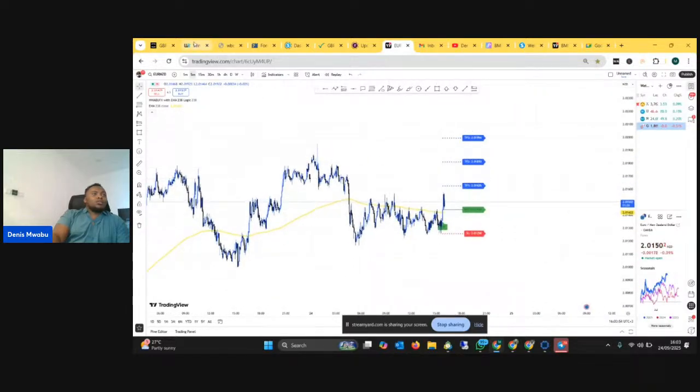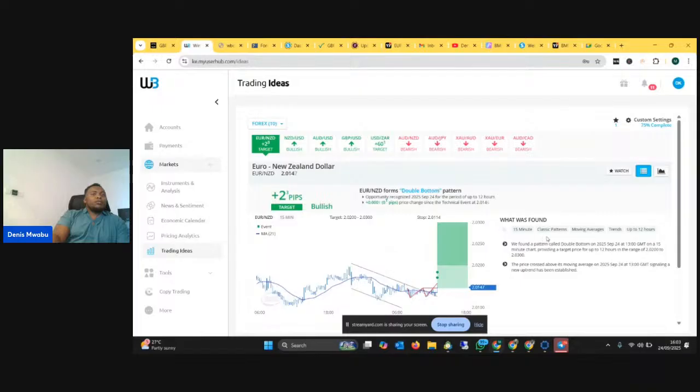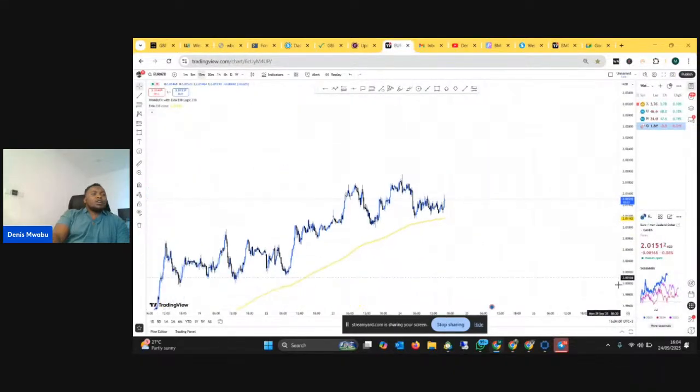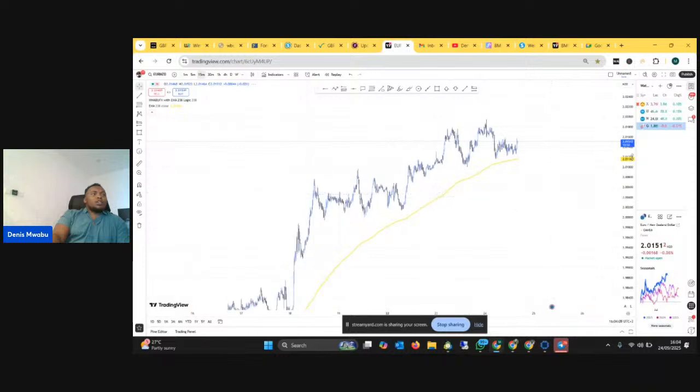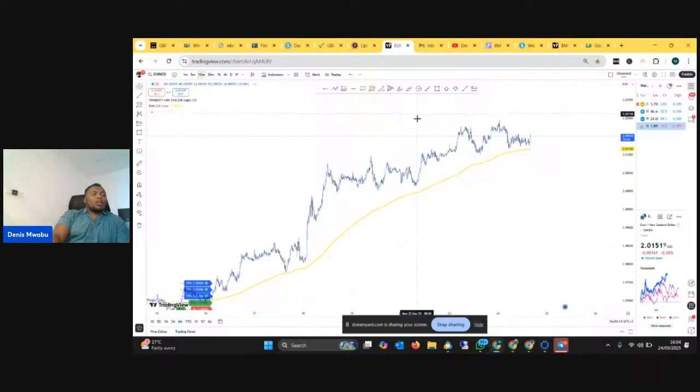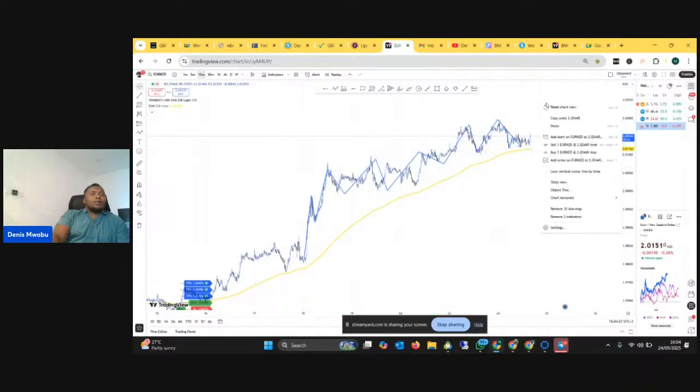Euro NZD, 15 minutes time frame, classic moving average, everything is telling us we buy. On the 15 minutes time frame, the pair is on a bullish move, and you can see price moving up.